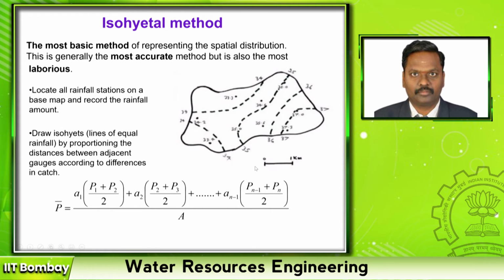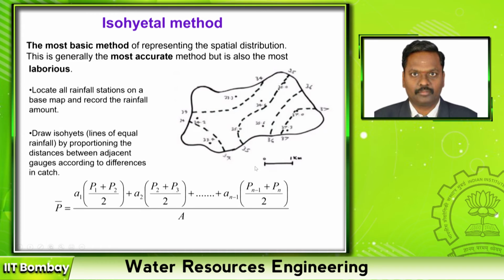Like that you do for each and every rain gauge station, and divide by the total area. Whatever amount you get, that is called the average rainfall by the Thiessen polygon method. This is one of the very good methods, but in this case it is assumed that the rainfall variation from one station to another is linear, right? That is why exactly I am cutting it off. So this is how the Thiessen polygon works.